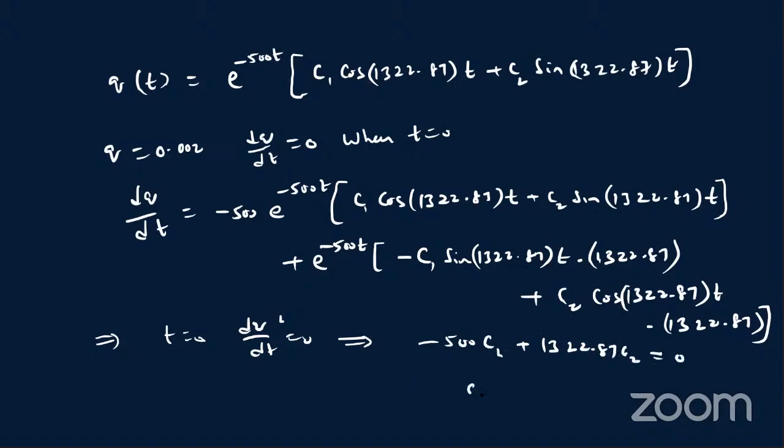That means C1 will be coming as 0.002, because we are substituting t equals 0 in q of t.